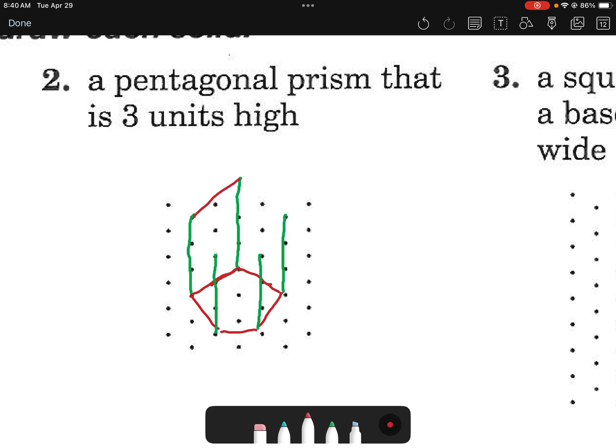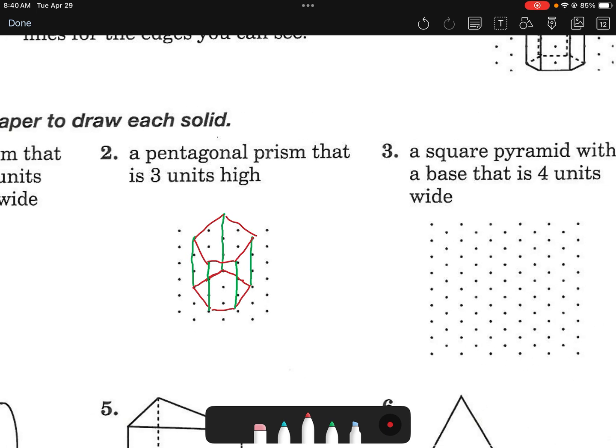And then you can connect to make your pentagon at the top. That's a prism because my lateral faces are rectangles. My bases are pentagons. Keep practicing.